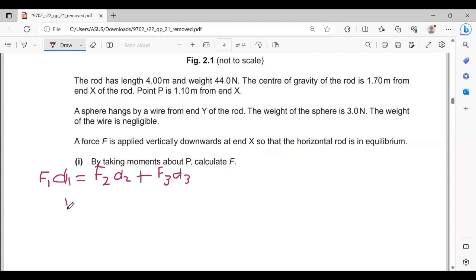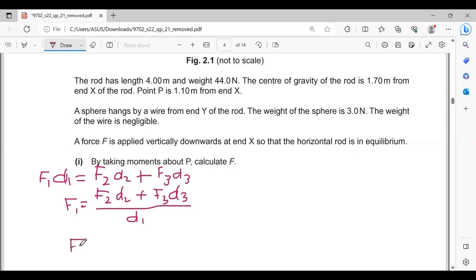If we're going to find F1, we may simplify this formula. It becomes F2 D2 plus F3 D3 over D1.